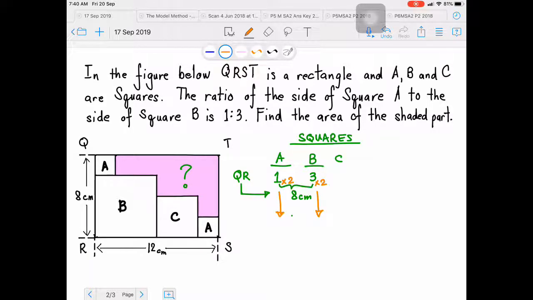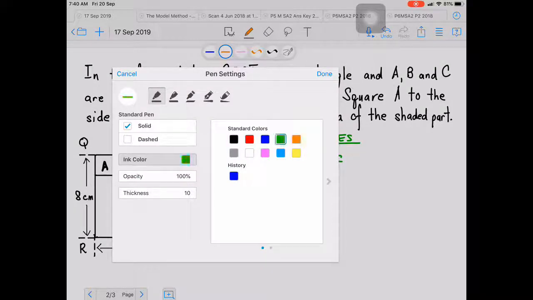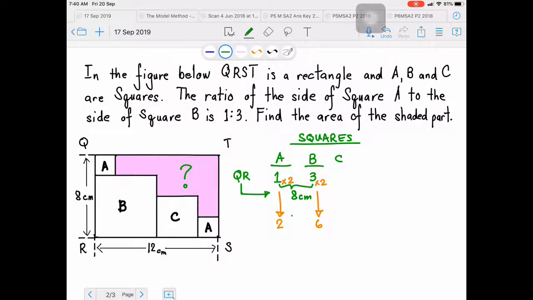Okay, so 1 multiplied by 2 is 2. 3 multiplied by 2 is 6. Now 2 plus 6 is 8. So we have reconciled the 8 centimeters. Therefore, the side of square A now is 2 centimeters. Side of square B is 6 centimeters.